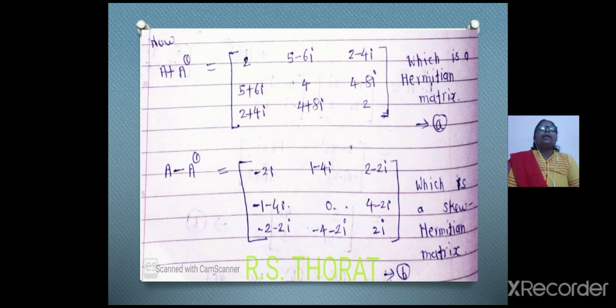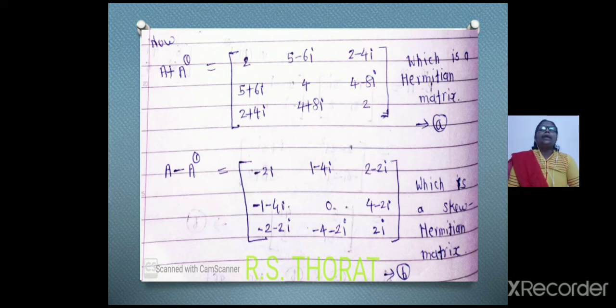For example, A12 element is 5 minus 6i and A21 element is 5 plus 6i. They are conjugates of each other. Thus for all elements in this matrix Aij equal to Aji bar and diagonal elements are real, hence A plus A raised to theta is a Hermitian matrix.